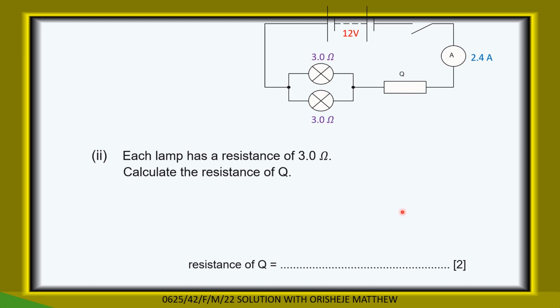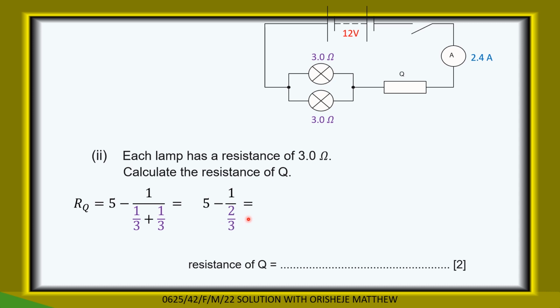But let's see how we show that using the formula. We have the parallel combination added to this in series, which gives me 5. So for me to get Q, it is 5 take away the effective resistance of the resistors in parallel.